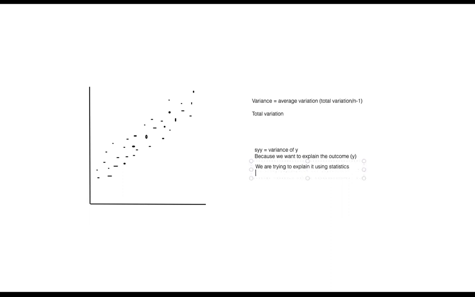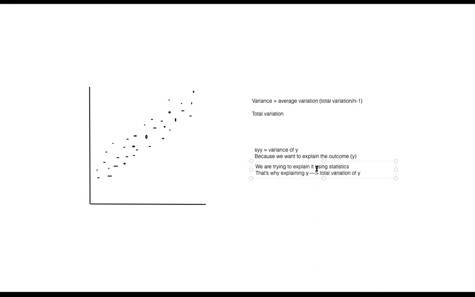So explaining y in statistics means variance, but instead of variance, I'll be focusing on total variation of y. That's what it means to explain your dependent variable, explain the outcome in statistical terms.